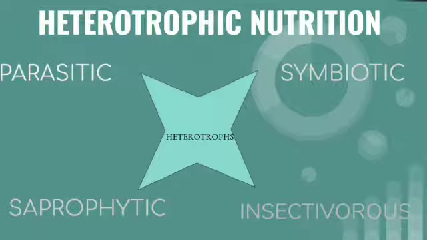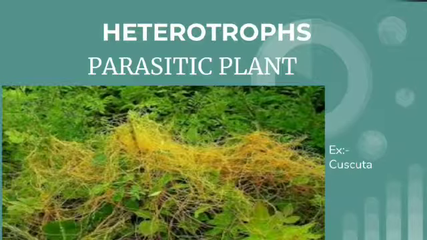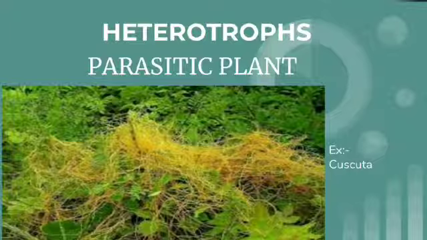Some plants like cuscuta, locally called amarbale. Cuscuta plant does not have chlorophyll. It is yellow in color. We can see from the picture, it grows on other plants and obtains nutrients from it. These plants are called parasitic plants.